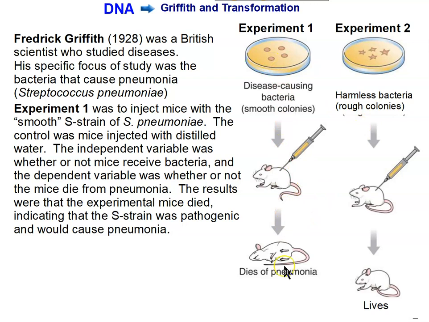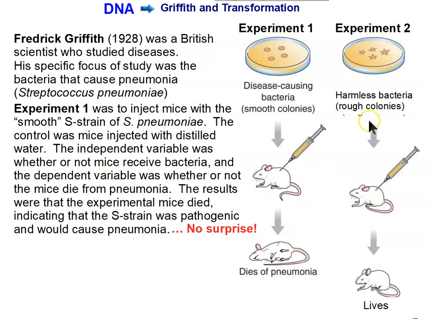And so in experiment 1, he injected the disease-causing S strain into mice, and the mice died. No surprise. That's what you would expect. If you inject an animal with disease-causing bacteria, you expect that animal to come down with that disease and die.